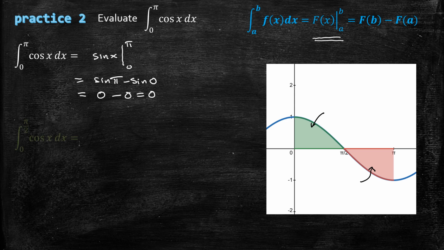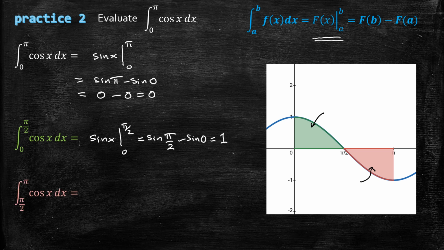Let's break it up. Let's work out the area of the green region with the same method. So sine x from 0 to pi over 2 is sine of pi over 2 minus sine of 0. And we know that the sine of pi over 2 is 1. Now let's look at the area of the red section, which would be from pi over 2 to pi.